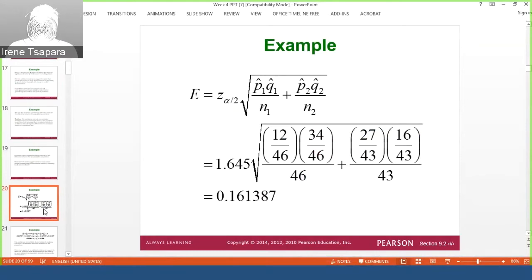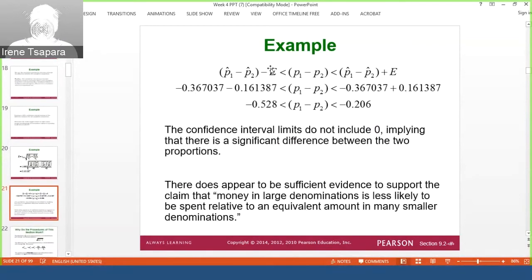So I want to be accurate based on my samples now. The margin of error that I get is 0.1613. I add this to the difference of the point estimates. I subtract it from the difference of point estimates, and I get my confidence interval to be this.